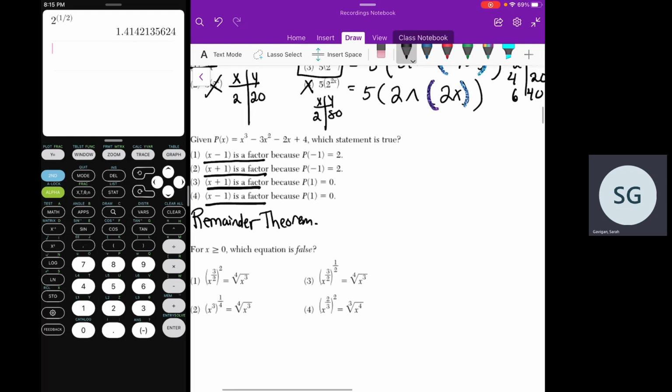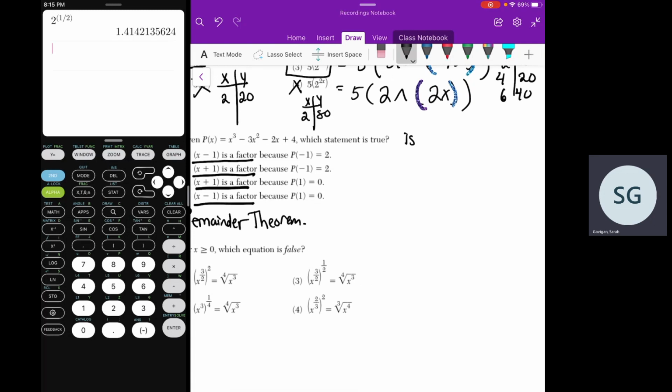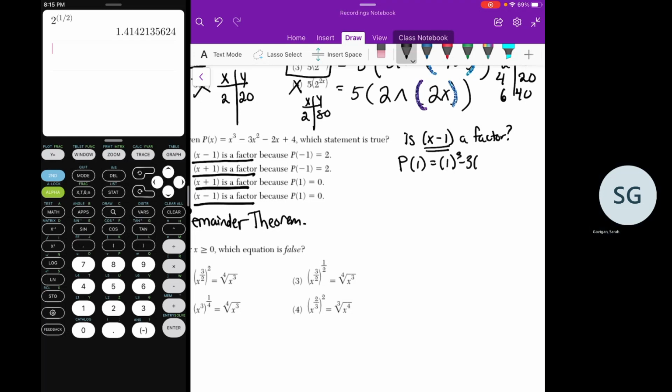Let's start there. So let's ask ourselves, is x minus 1 a factor? How we determine that is either you can divide that p of x using long division, or you can use the remainder theorem, which says that if you're determining if x minus 1 is a factor, you're going to plug in 1 into your p of x and see what that equals.